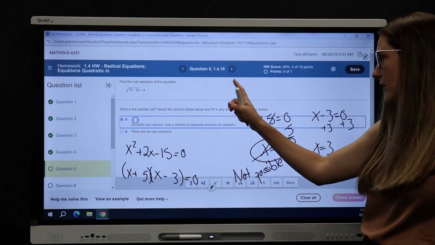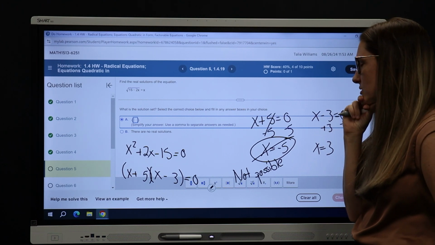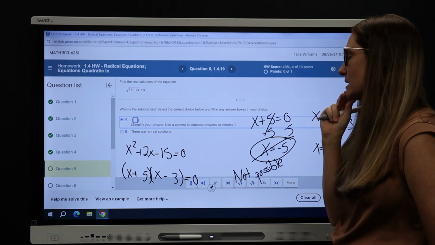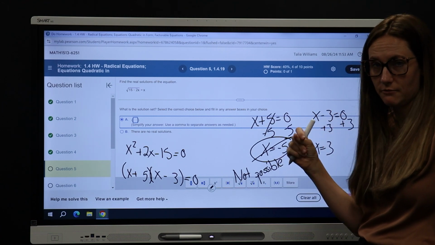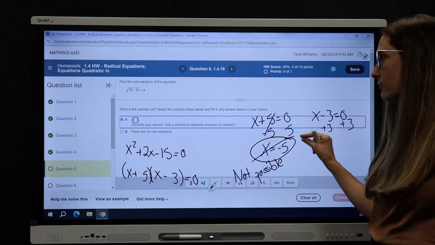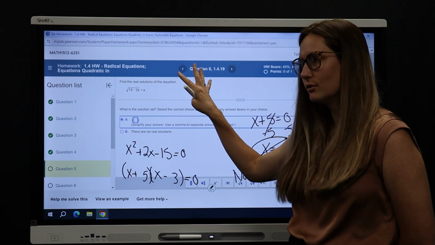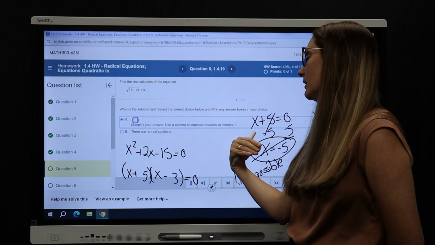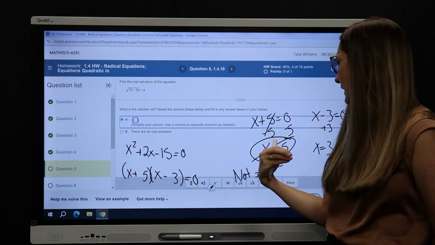If we put the -5 in, we'd have 15 subtract 2 times -5, so it'd be 15 plus 10, which would be 25, but the square root of 25 is positive 5, not -5. If you have a negative and it's not to the third power or any odd power, it can't be an answer, because it would be that imaginary number i.